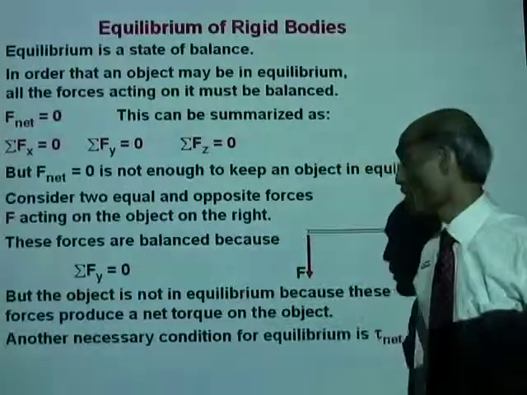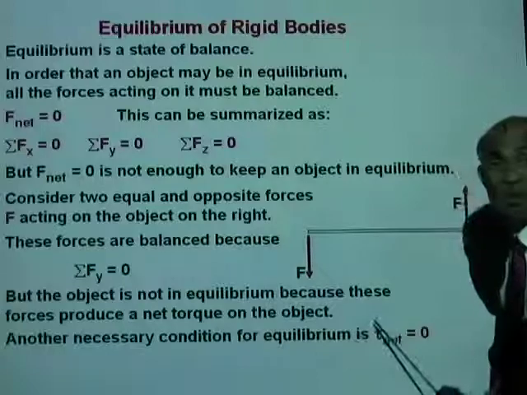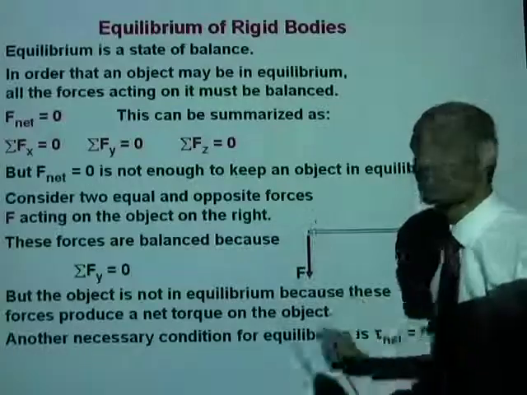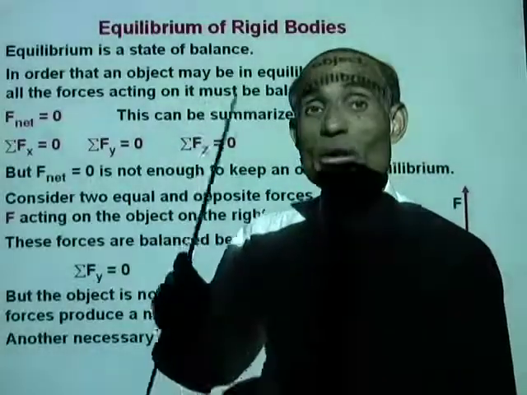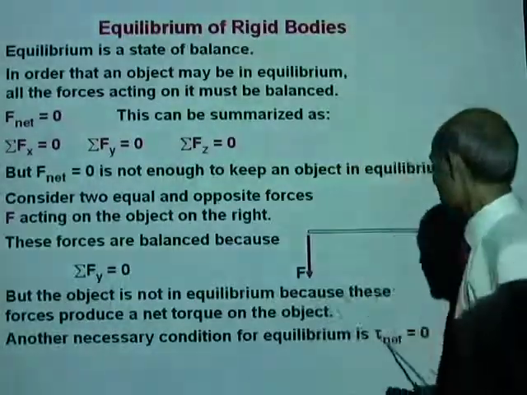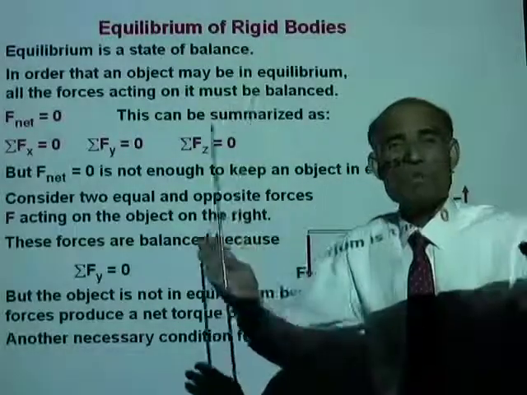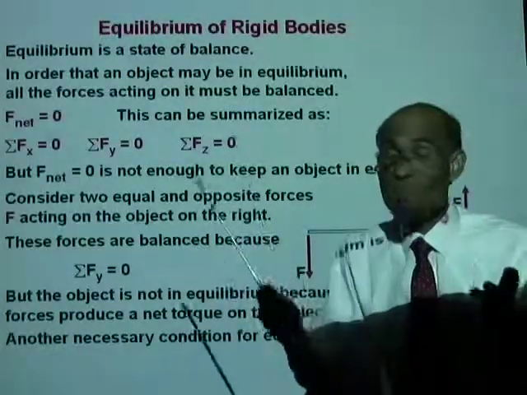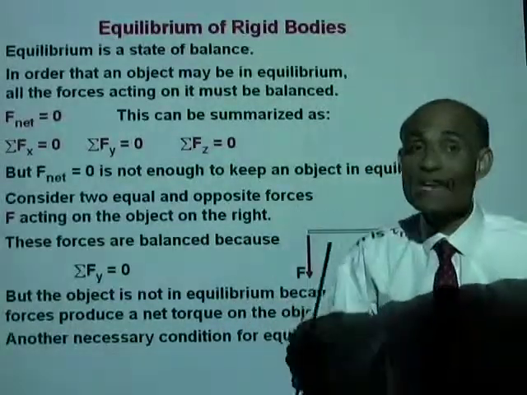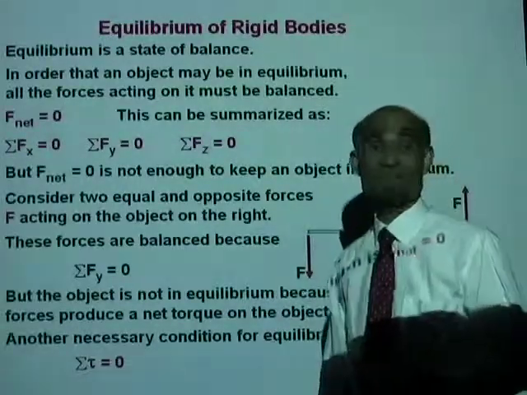Now, therefore, another necessary condition is that the sum of the torques of all the forces acting on the object taken about any point. The object should not rotate about any point. Summation tau net equal to 0 means the sum of all the torques of all the forces taken about any axis must be 0.